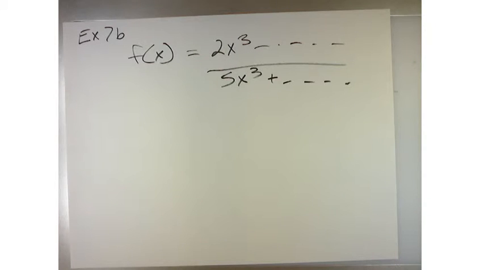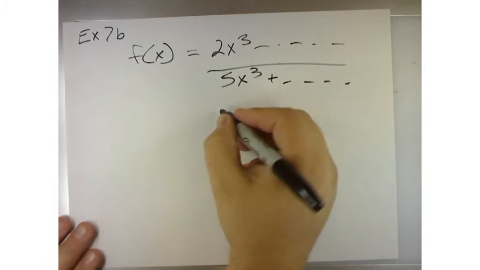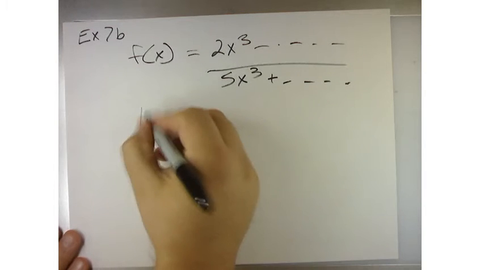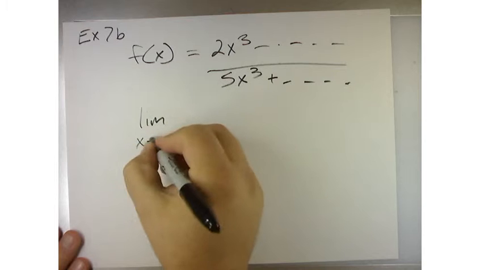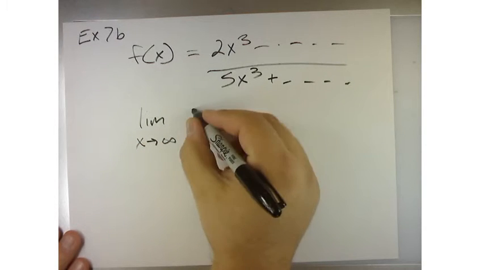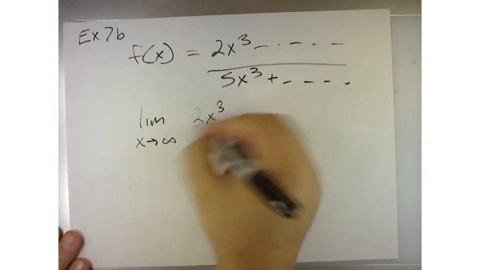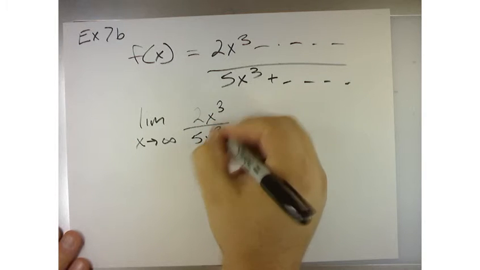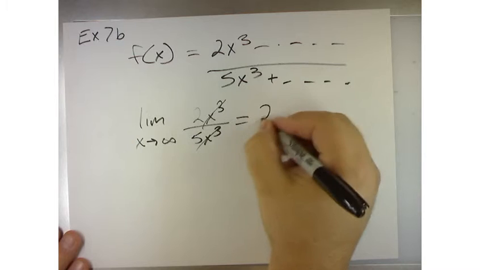What would my end behavior look like there? It's 2 over 5, right? So the limit of this function as x approaches infinity or negative infinity would be 2 over 5, because these cancel out.